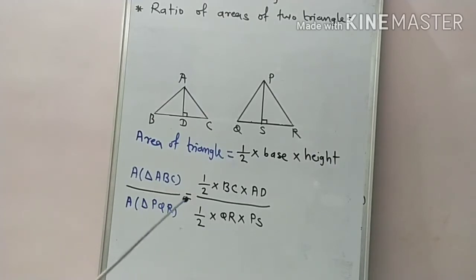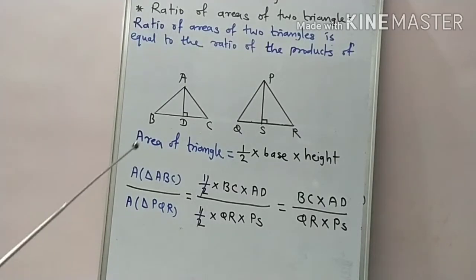Then what do we do here? Yes, we do division, because we have to take the ratio of areas of two triangles. So area of triangle ABC upon area of triangle PQR. According to the formula, we write those terms, and what we notice is that the half eliminates from both numerator and denominator.